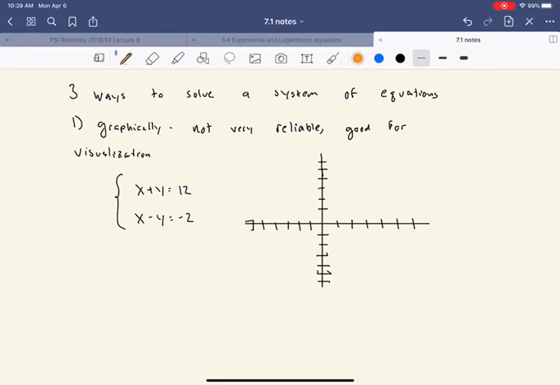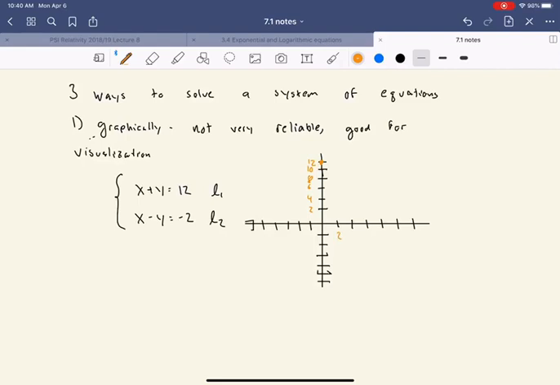Now, again, if x equals 0, y equals 12. So let's call this line 1, line 2. Again, if x equals 0, y equals 12 in line 1. And if y equals 0, x equals 12 in line 1.